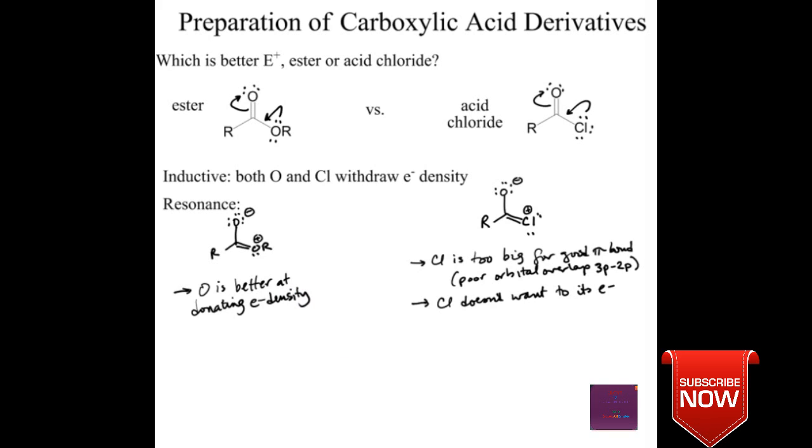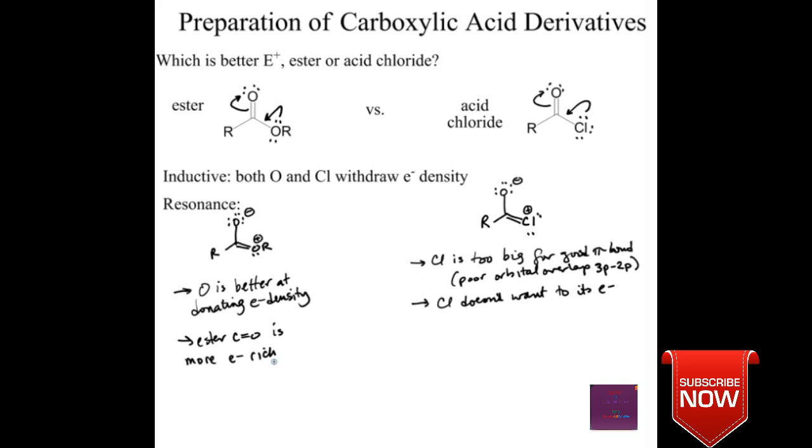So what does that do to the ester carbonyl compared to the acid chloride carbonyl? The ester carbonyl is now the one that is more electron rich because it has more of this electron donation. And so who is the better electrophile in this case, the ester versus the acid chloride?